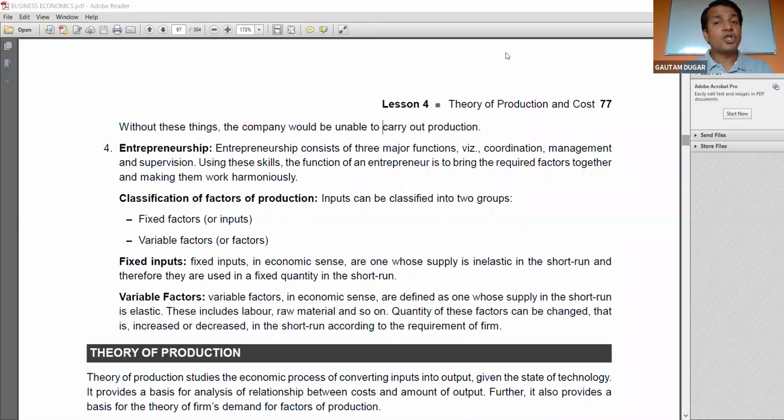Whereas in the long run, we have enough time so that in order to adjust the production, we can change all the factors of production. So in the short run we have fixed factors and variable factors of production, but in the long run, all factors of production are variable, all can be changed.